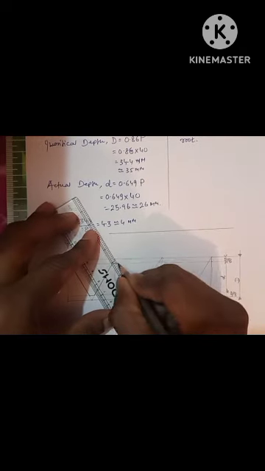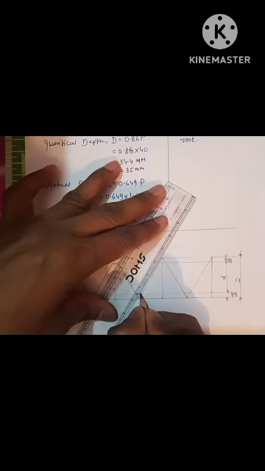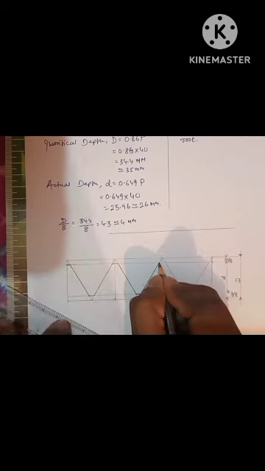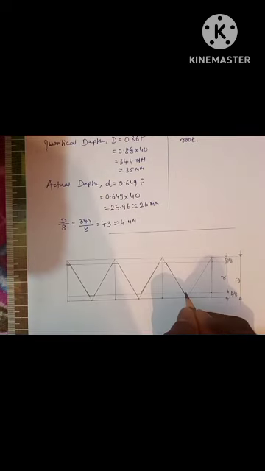Again for this portion, from here to here thick, then this one flat, that is the crest, the root, and from here to here this is the crest. Then this is the flank of the thread, again this is the root of the thread, flat you have to join, and again this one.